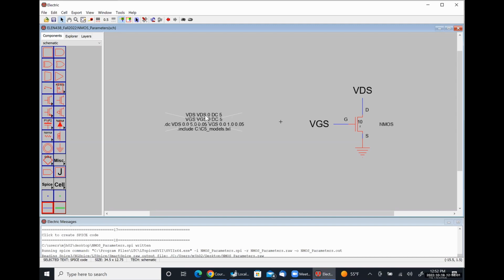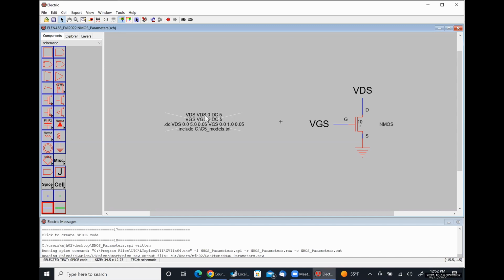At node VDS on this graph, that's where this first label comes from. The second thing is what I'm labeling my voltage source as. So I just use VDS twice so that it's VDS in Electric, and it's also labeled as VDS in LTSpice. The DC thing there says that it's a DC source. So 0 DC 5 means there's a 0 voltage or ground on the negative polarity terminal.